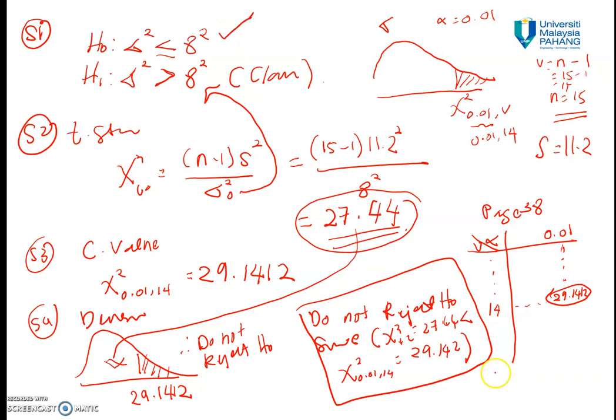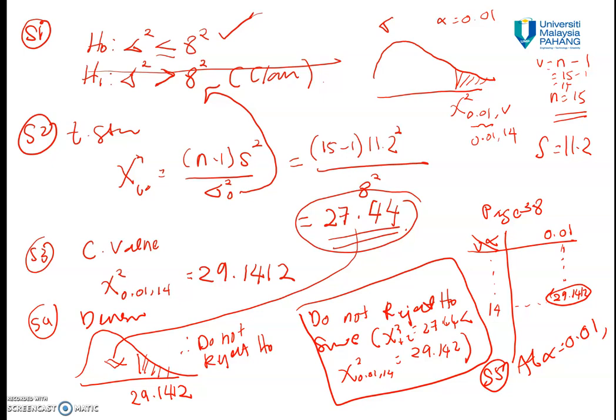So what is your conclusion? Step number 5, at alpha 0.01, is there enough evidence to support the claim? No, isn't it? Because you do not reject H null. So at alpha 0.01, we do not have enough evidence to support the claim, or we have insufficient evidence to support the claim.